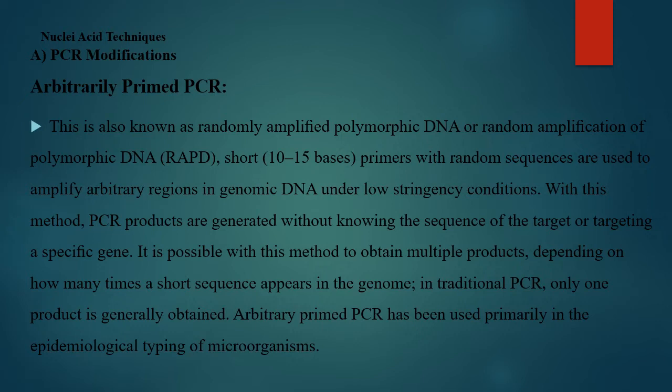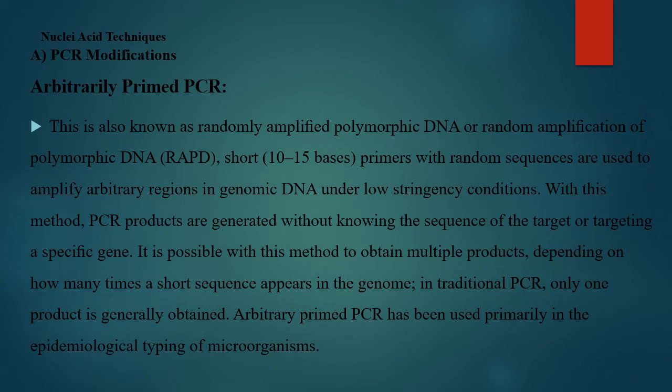So you pick a particular DNA, you try to replicate arbitrarily or generally or randomly portions of that DNA. Now with this method, PCR products are generated without knowing the sequence of the target or targeting a specific gene. So you don't target a specific gene, you just zoom in and replicate portions.